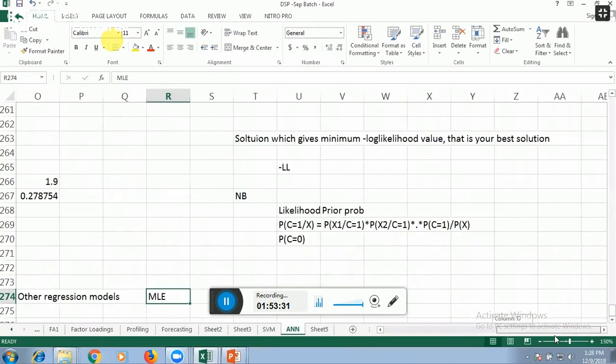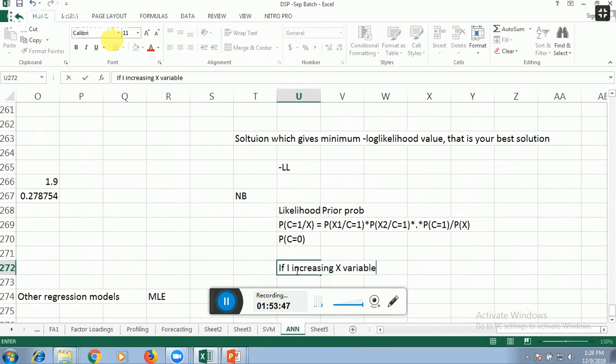Now, one important thing you need to understand is, if I increase the x variables, there is a possibility of reducing the minus log likelihood value, or it will get stagnant.